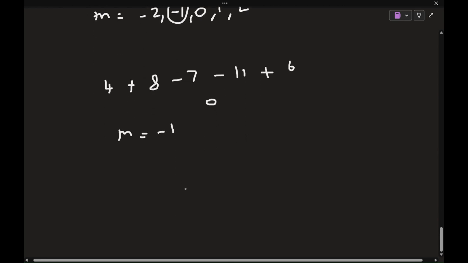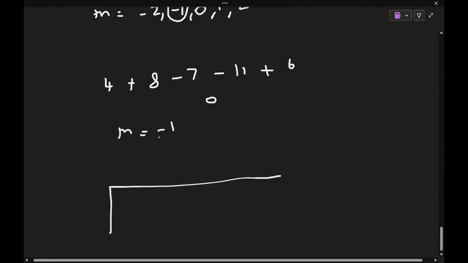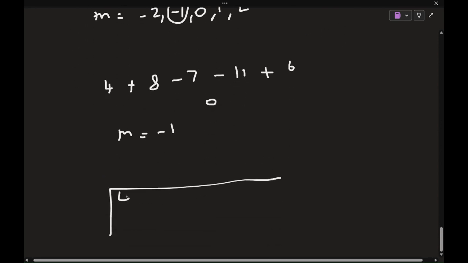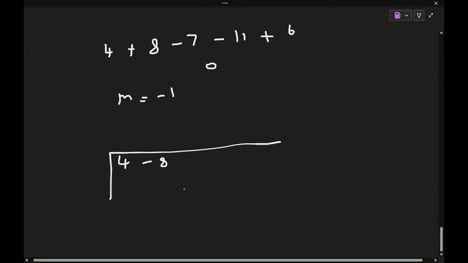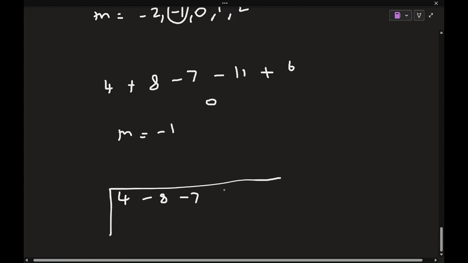Now to convert it, I use something called synthetic division. I need to write down each coefficient of my initial equation, which is 4, minus 8, minus 7, plus 11 and 6.